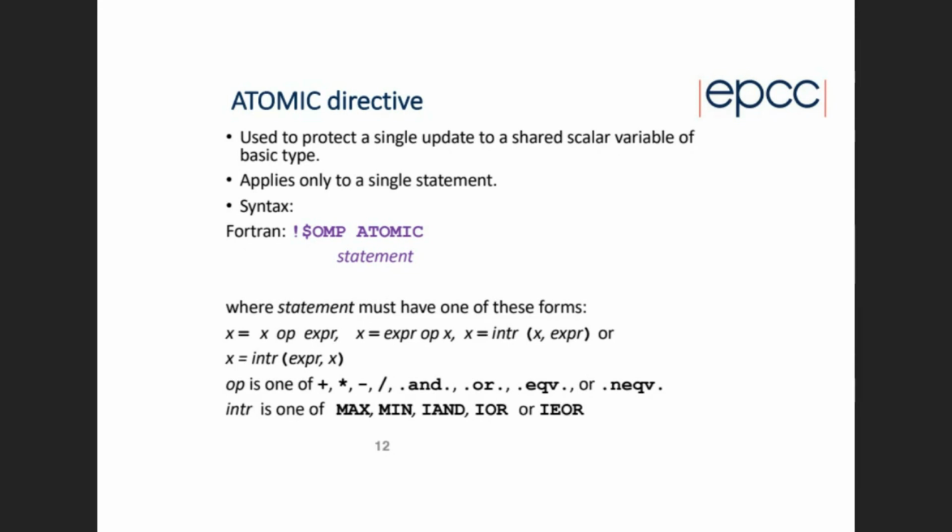Okay, and the atomic directive, in its update form, applies only to a single statement. The syntax is straightforward. For Fortran it's just OMP atomic, and the statement has to look like this: x equals x operator some expression, or the other way around, or it may involve intrinsic functions.